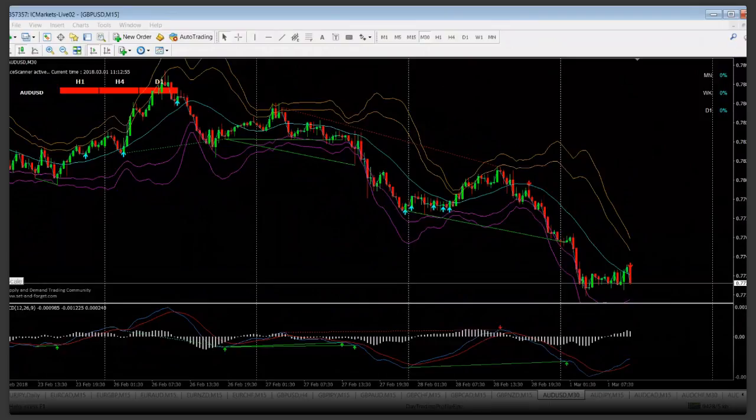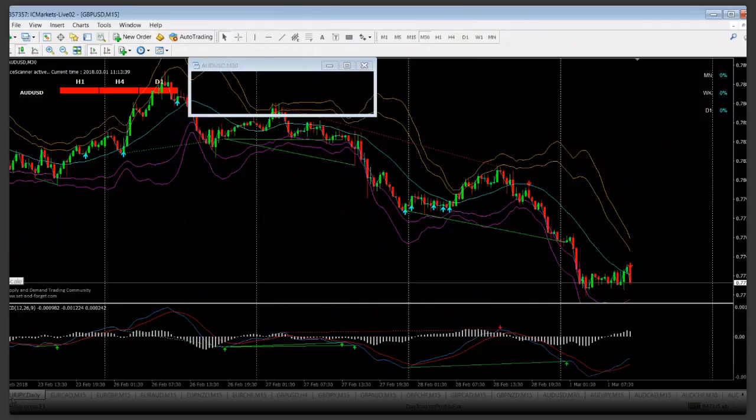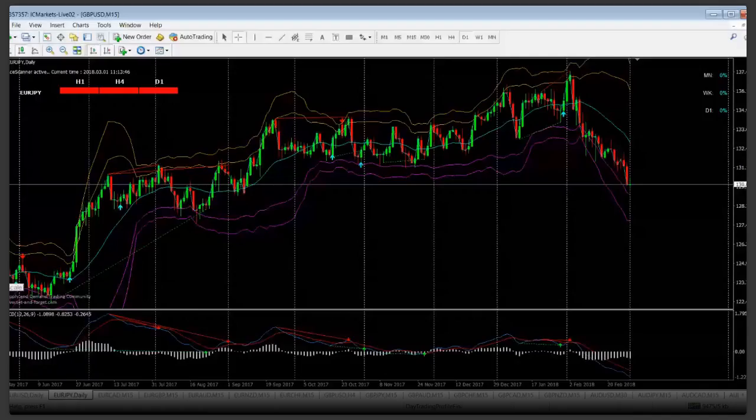Getting both the signal on the 1 hour and the 30-minute chart, so half the time with trading is just waiting for the right signal to happen, right trades to happen.